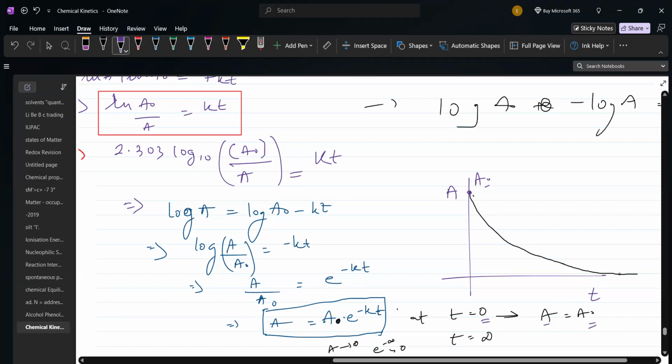Then when t tends to infinity, the concentration of A will become 0. Got it? The formula we used here is A equals A naught e to the power minus kt. That's why we derived the formula, so that we can get the relation between time and the concentration of reactant. Got it?